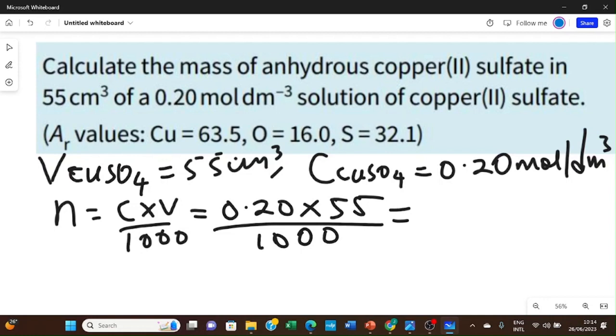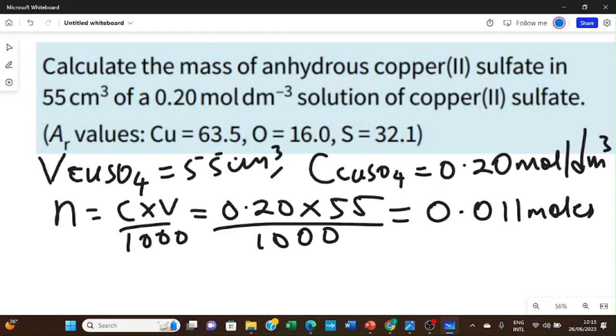So 0.20 times 55 divided by 1000 is equal to 0.011 moles. So this is the number of moles.